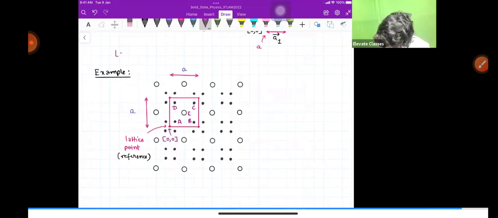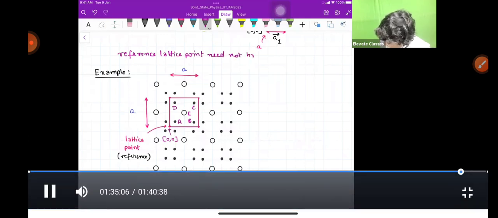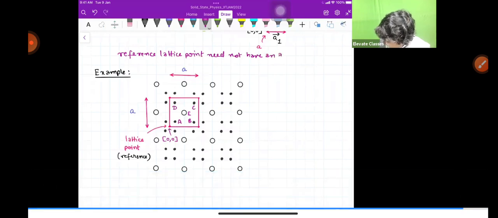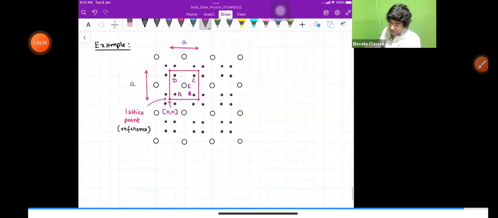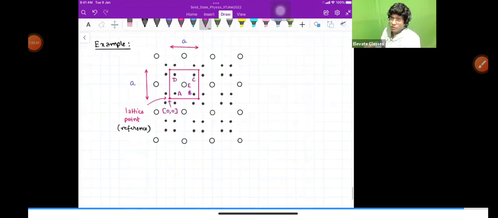Okay, the reference lattice point need not have an atom on it. Clear? That's why I'm giving you this other example. Okay, it need not be that you have to place the atom on the lattice point. The lattice point could be somewhere else, but you have a reference. You can construct this structure using this method.